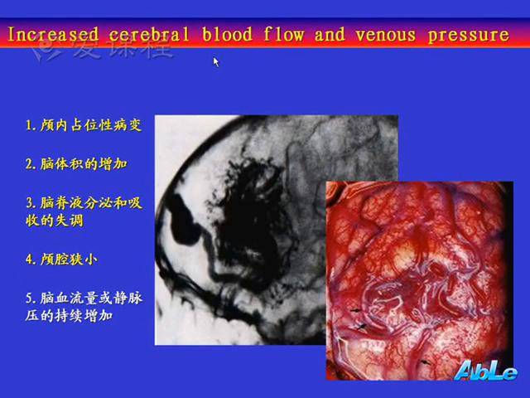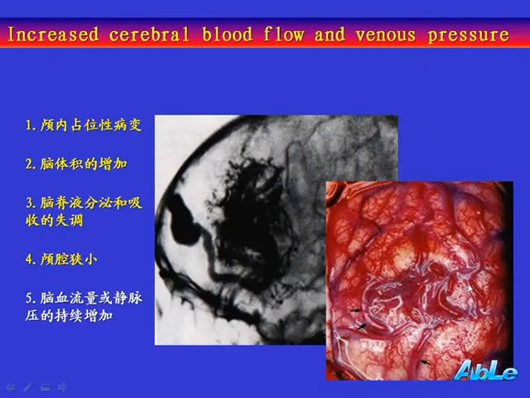Increased cerebral blood flow and venous pressure. Number five is increased cerebral blood flow and venous pressure. This is in case of AVM. This is the nidus of the AVM, and this is the draining vein, very thick, very huge, draining to the superior sagittal sinus.